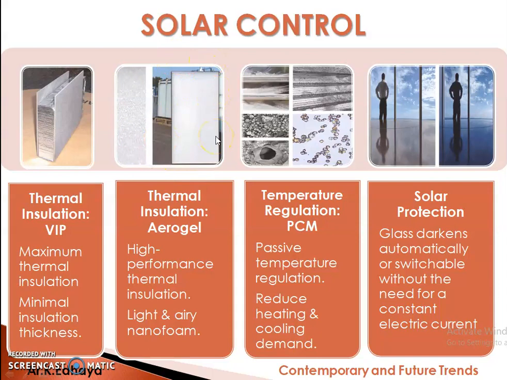Next is temperature regulation. Here we have PCMs, which are phase change materials. So these are passive temperature regulators. Here you can control the temperature, either heating or cooling. Both these demands can be controlled using these phase change materials.